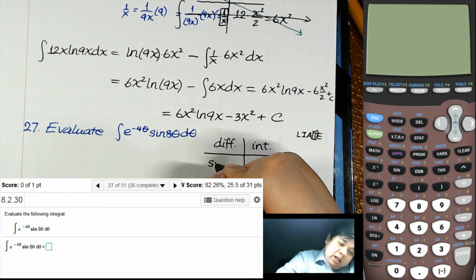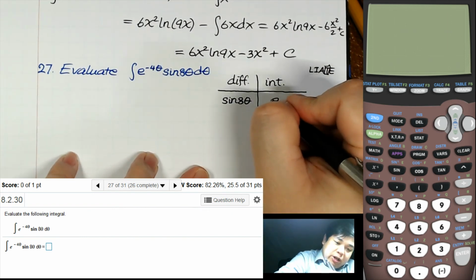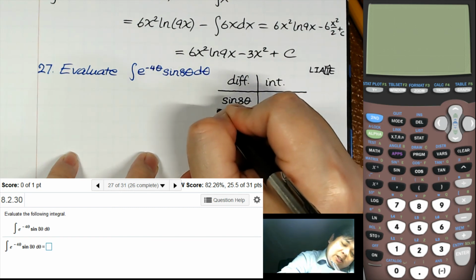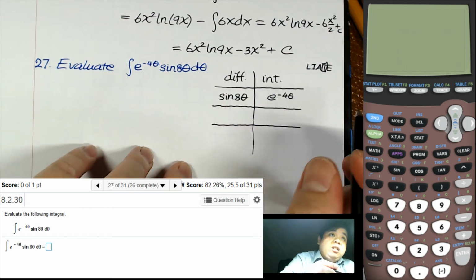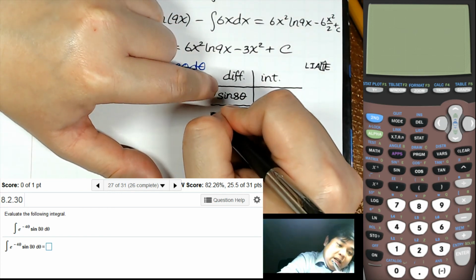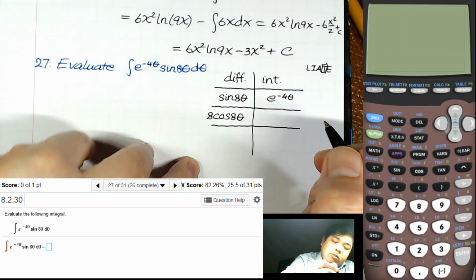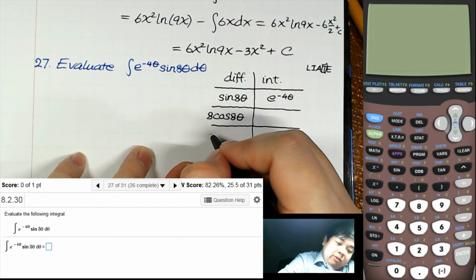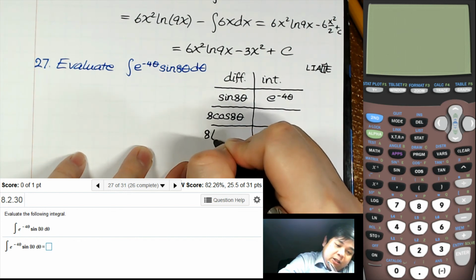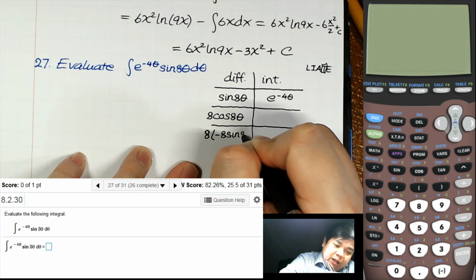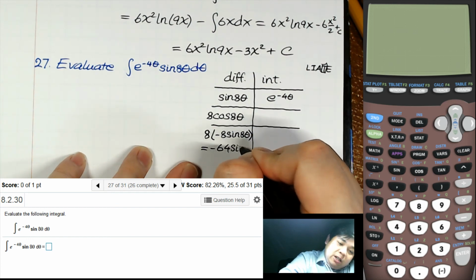So we go with sine of A theta here, and then e to the negative 4 theta on the other side. One of them is differentiated, the other one is integrated. Derivative of sine A theta is 8 cosine A theta. Derivative of that, 8 cosine will be negative, so negative 8 sine A theta, negative 64 sine A theta.